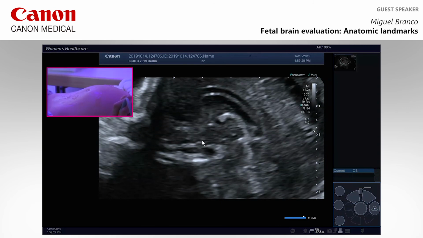And here in sagittal evaluation and the optic nerve.